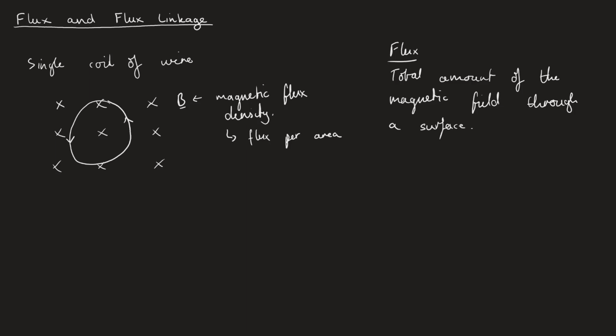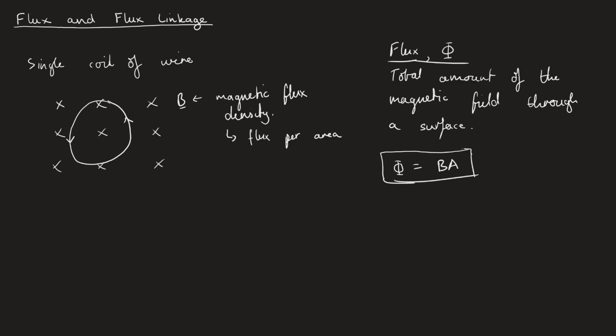That's the total amount of the magnetic field, the flux traveling through this. Flux we usually note with the symbol phi, and the equation is that the flux is equal to the magnetic flux density multiplied by the area. This is the equation written on your equation sheet for the magnetic flux.